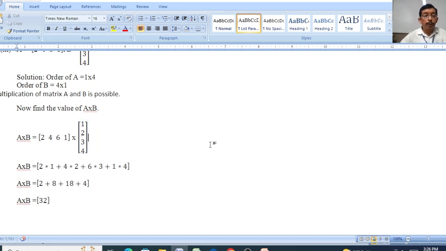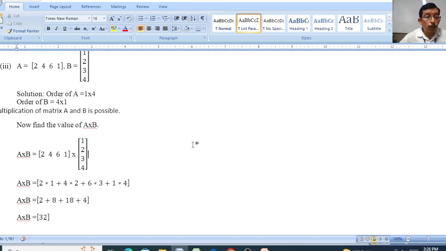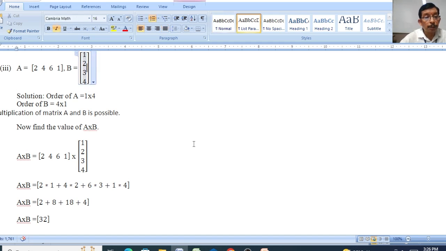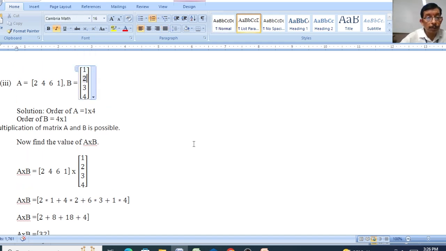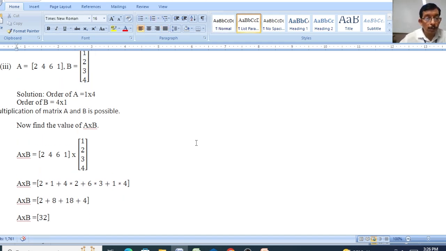Is it clear? A and B are two matrices given. First we check the order of the matrices. If the orders are compatible, then we multiply. The order of matrix A is 1 by 4. The order of matrix B is 4 by 1.